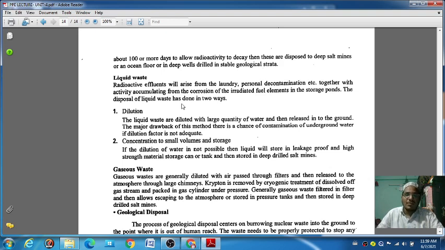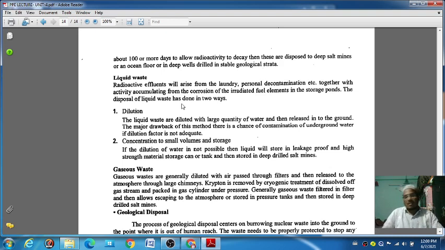Okay, so next is concentration to small volume and store. If dilution with water is not possible, then the liquid will be stored in leak-proof, high-strength material storage cans or tanks, and then stored in deep drilled salt mines.